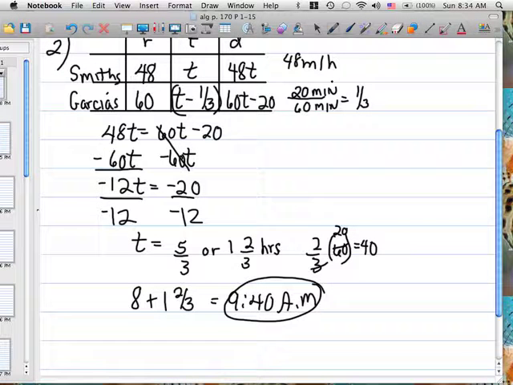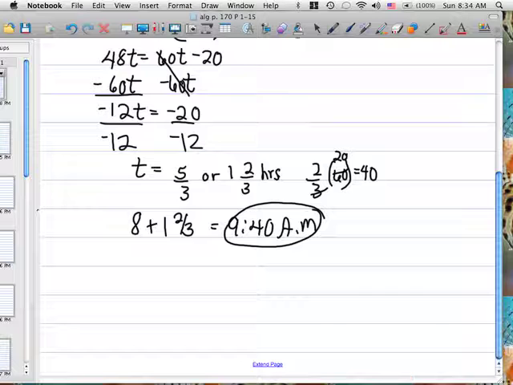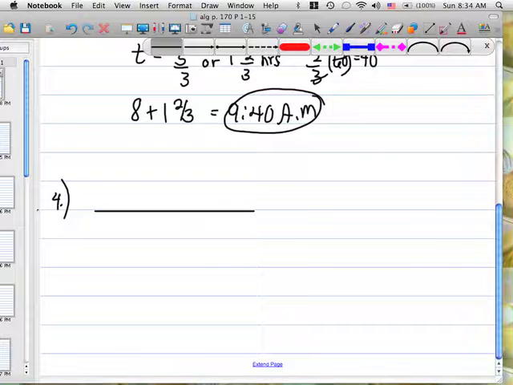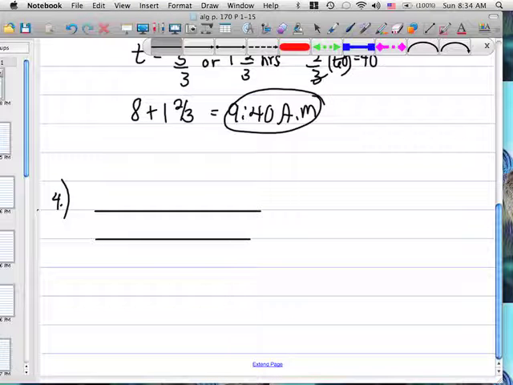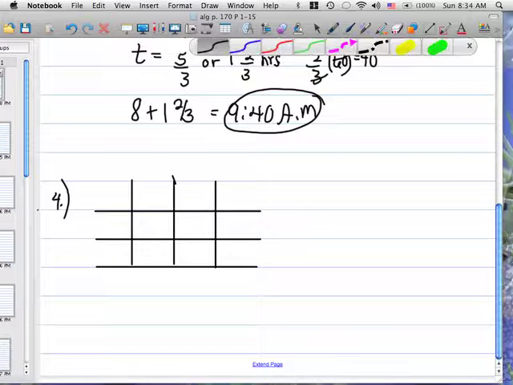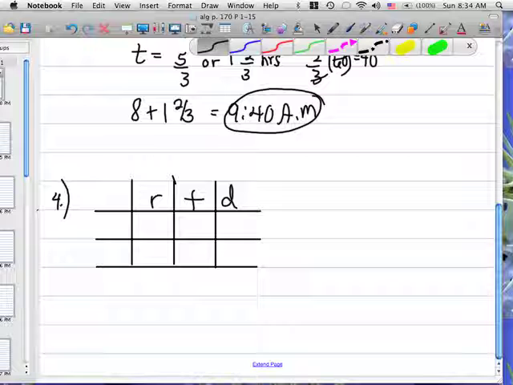Problem number 4, make the chart for it. Columns again are labeled rate, time, distance.